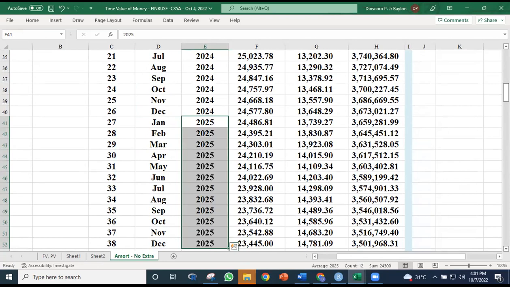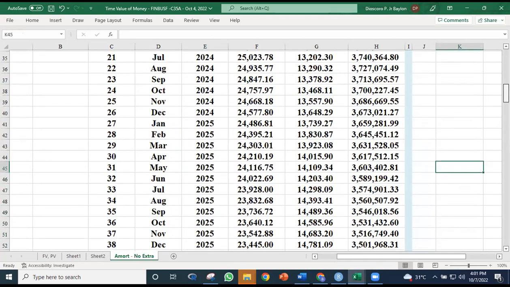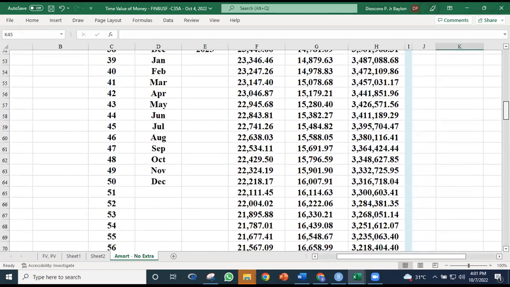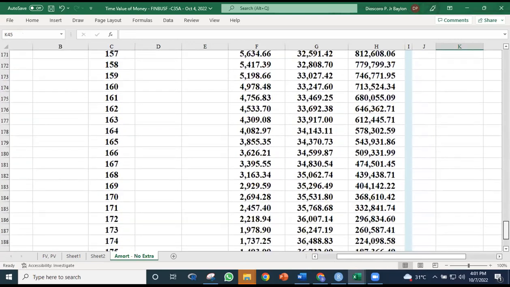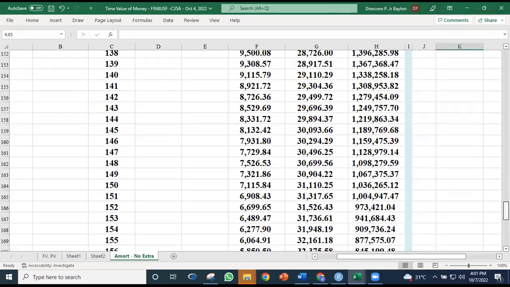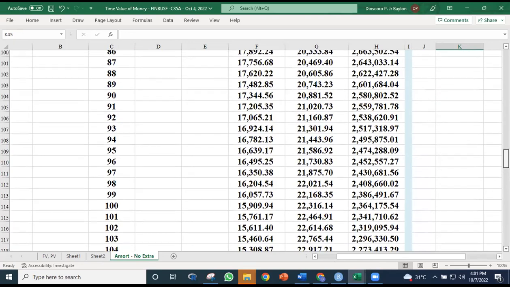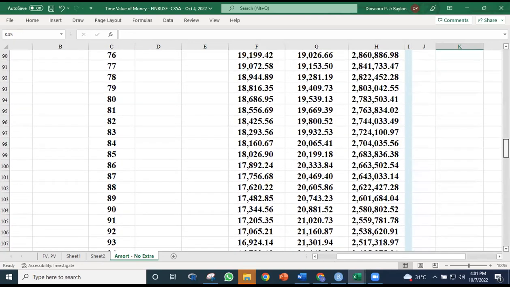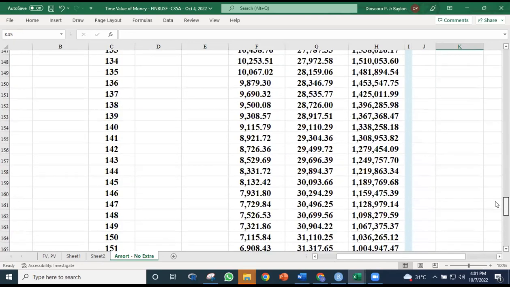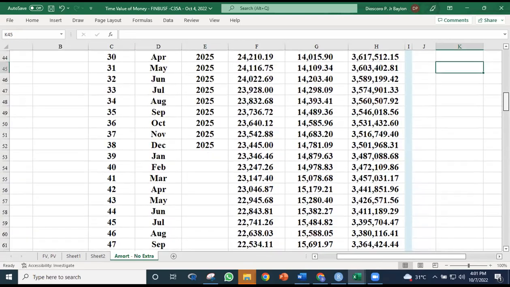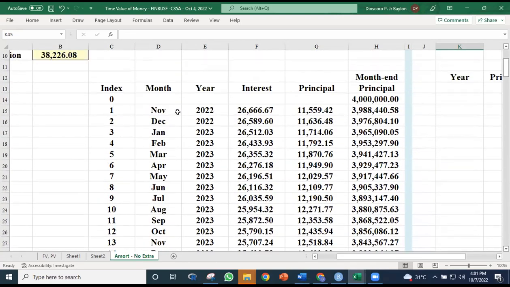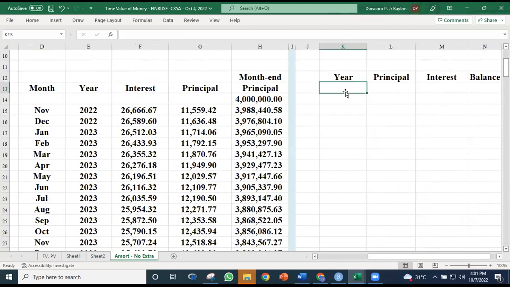All right. And so on and so forth hanggang ma-populate to. So dapat ang ending nito, since nagsimula tayo mag-loan, magbayad ng November, dapat ang ending niya October 2037.